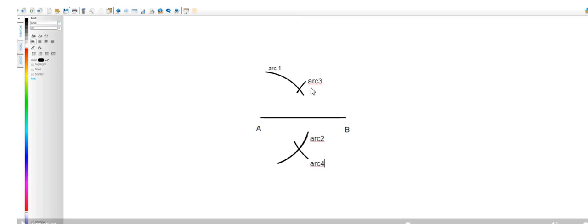Oh yes, you can name these points also. This point of intersection, where your arcs are meeting, you can name as X, and the lower point, you can name it as Y. So now you have the 4 different arcs with the intersections, which is good.